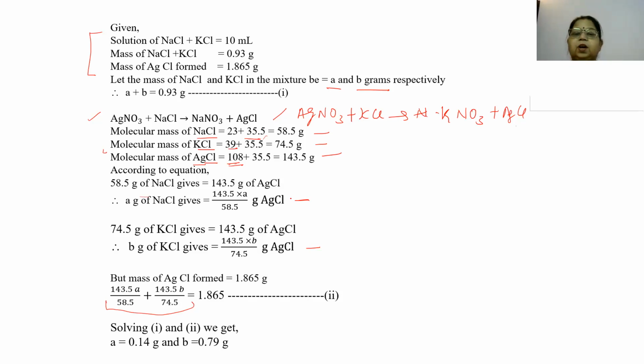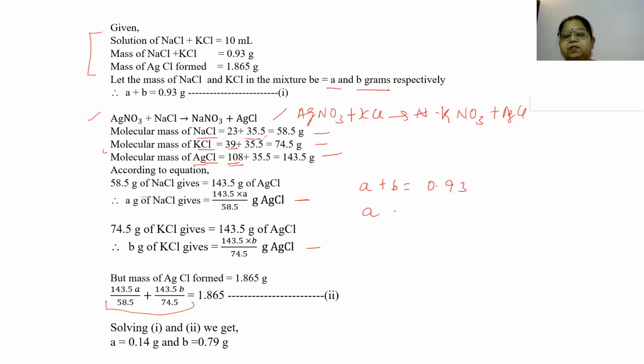After that, you have two equations, equation 1 and equation 2. You can solve them. I can just suggest one way of solving the equations, although I understand you must be more efficient than me in solving them. As we say, A plus B is equal to 0.93.